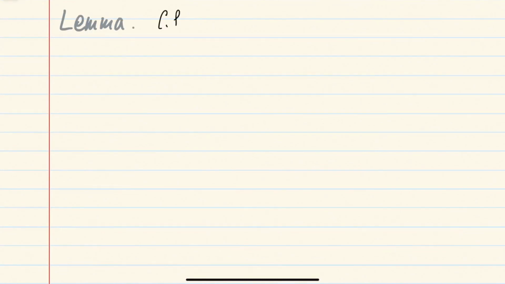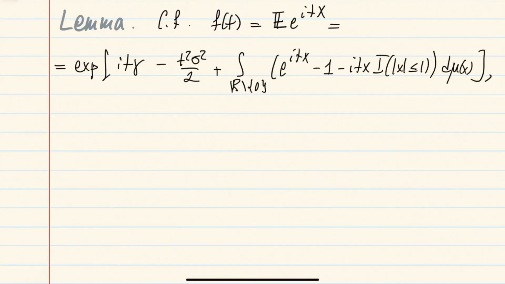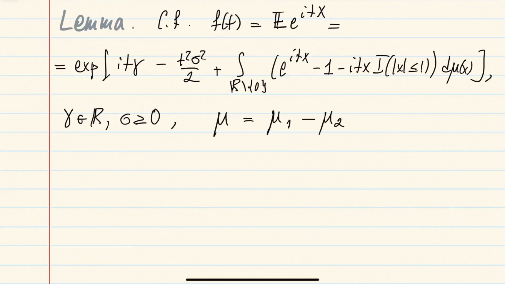And our final result in this section will be the following simple observation. Namely, if we have a characteristic function f of t of some random variable x, and it has a representation of the same form as we had above for infinitely divisible distributions, for some constants gamma and sigma, and the only difference here is that mu is not necessarily a positive measure, that mu can be a signed measure written as the difference of two positive measures mu1 and mu2, such that each of these measures satisfies the same property as we had before.